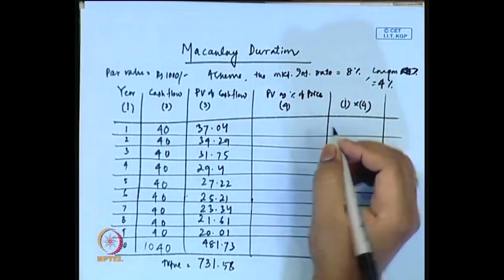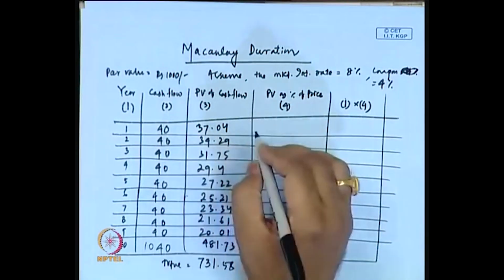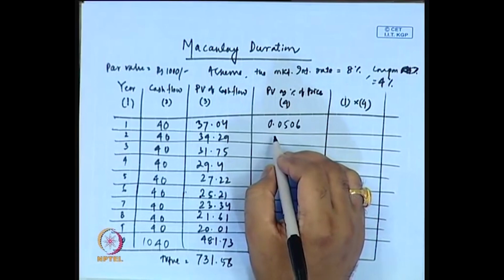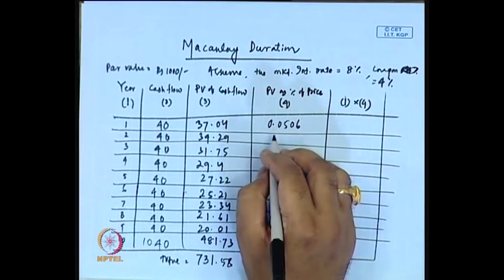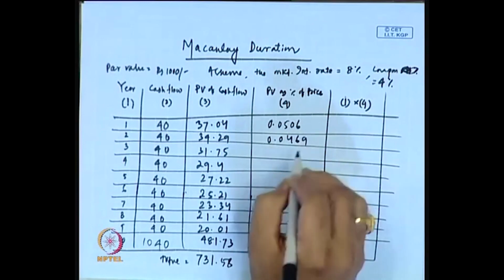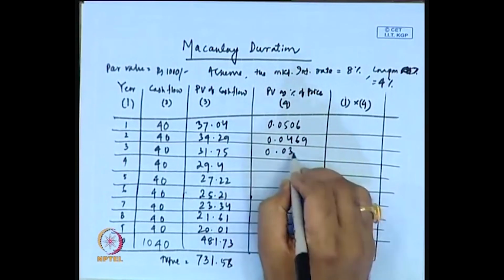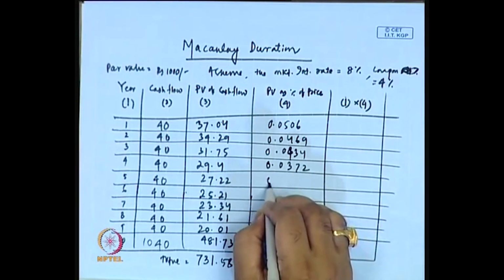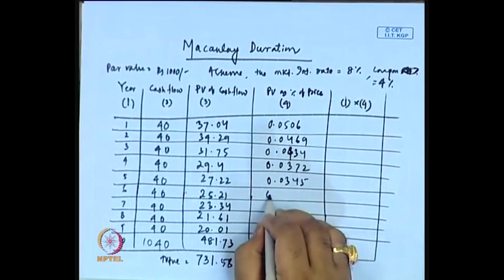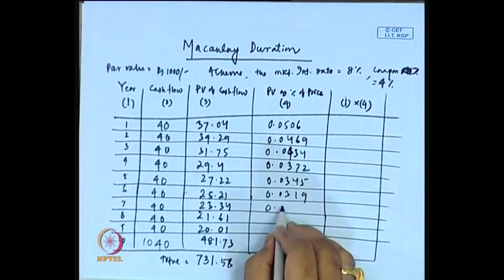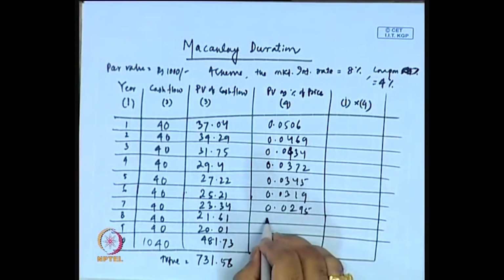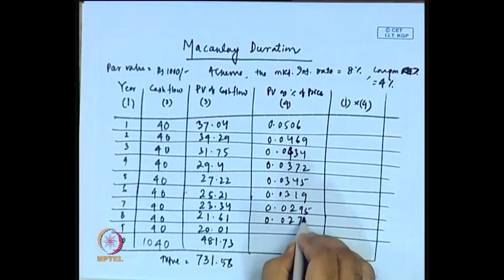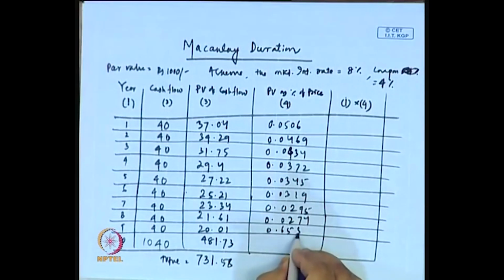Then it will be basically, the present value here, 37.07, is 0.0506. Then this is 0.0469, 0.0434, 0.0402, this will be 0.0372, this will be 0.0345, 0.0319, 0.0295, this will be 0.0274, and the last is 0.6585.